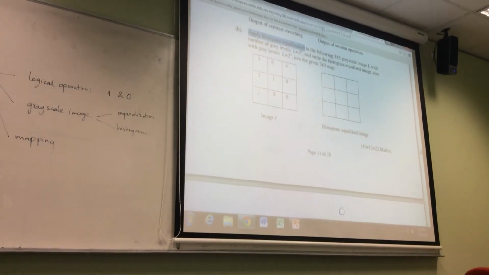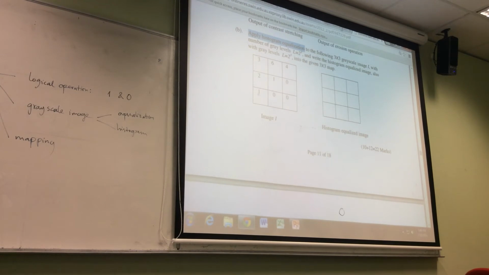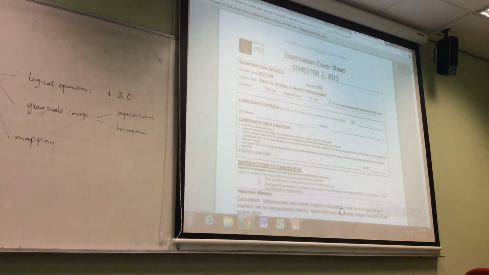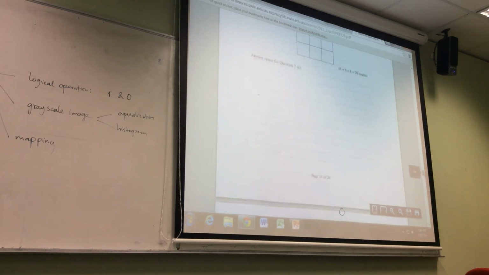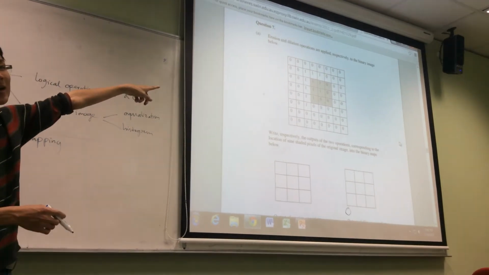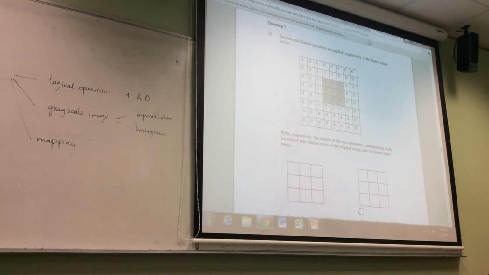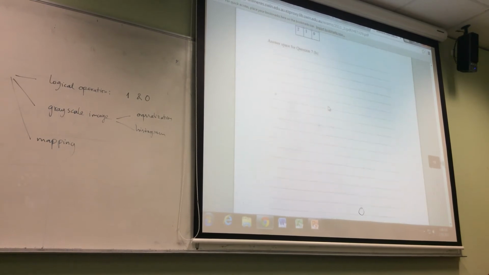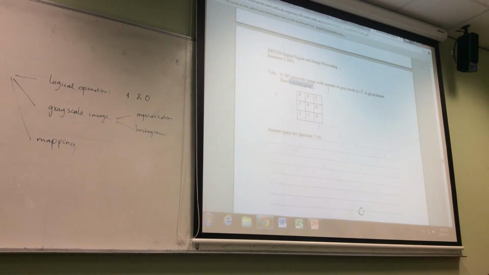If you have a look at 2011, this is what you're going to have. First one, logical operation, just 0 and 1. In part B, get the histogram, so just simply histogram, no equalization.